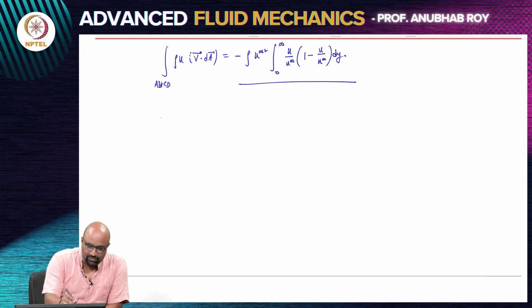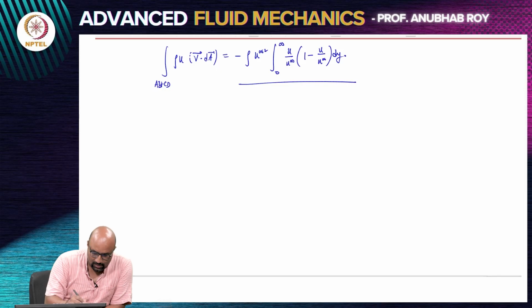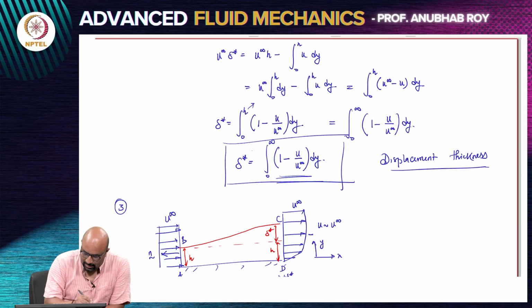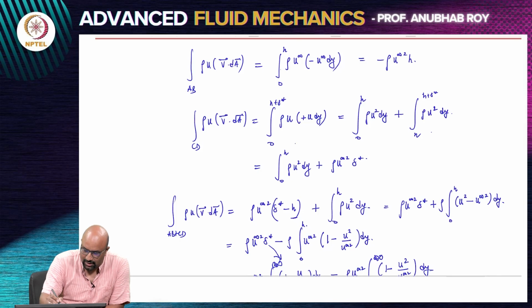So, that loss of momentum, there is a width somewhere. Everything here is per unit width. In the dA, I have written it in terms of per unit width. There is a W that you can multiply throughout in order to get the total.